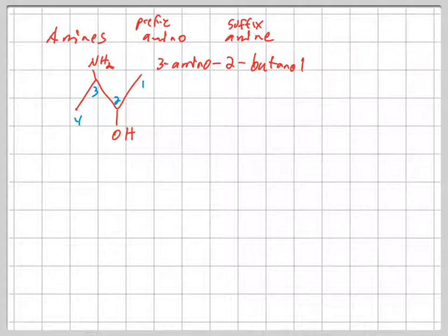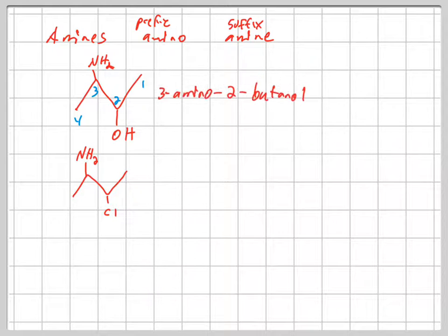3-amino-2-butanol. Going in the other direction, let's draw a very similar compound. Let's number 2, 3, 4. And here we're going to have a chlorine, but let's put that amino group on here, NH2. And in this case, you see the amino group has the priority because the other is just a halogen substituent. It's from a different group even when we're naming those groups. So we would number this one from the opposite direction, 1, 2, 3, 4. The amino would take precedence over it, it has priority.